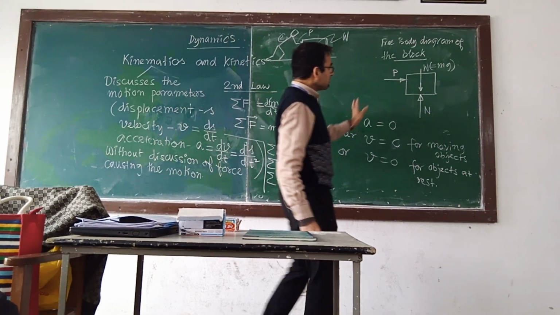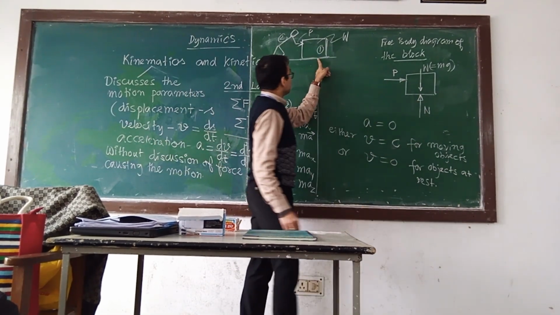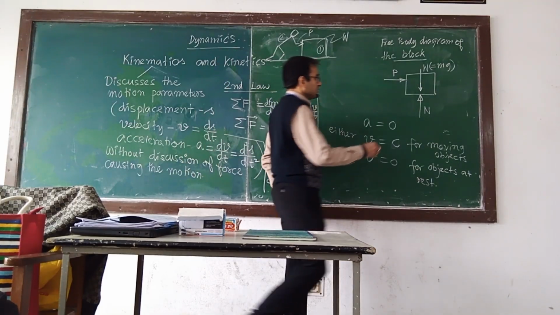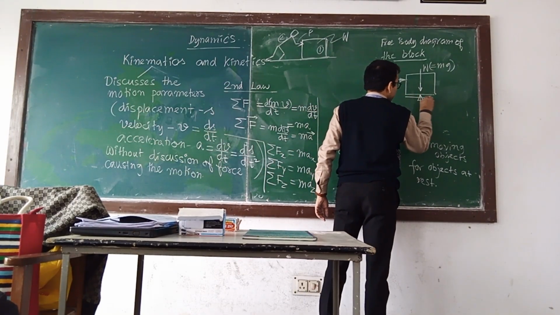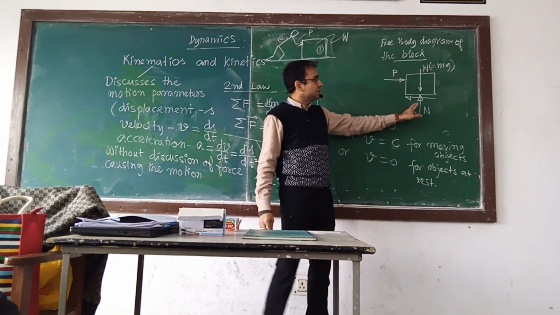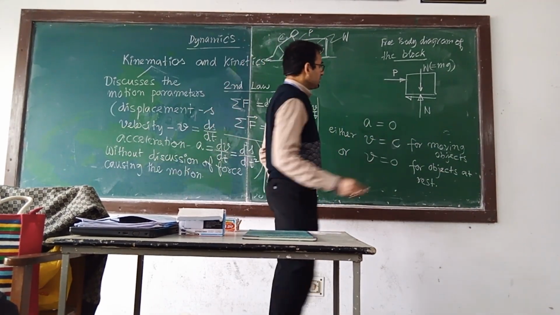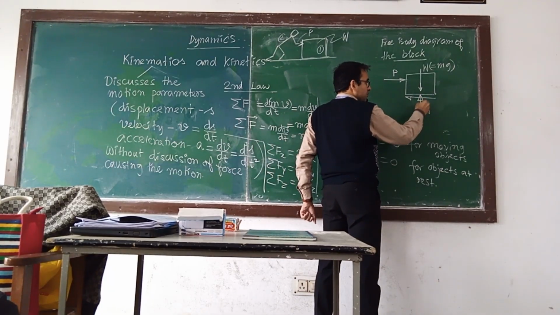Okay. Now under this object, again there will be a friction. So if it is pushed by this, then there will be a friction. Basically, during the discussion of friction, I have shown that the actual reaction is the resultant of these two, isn't it?